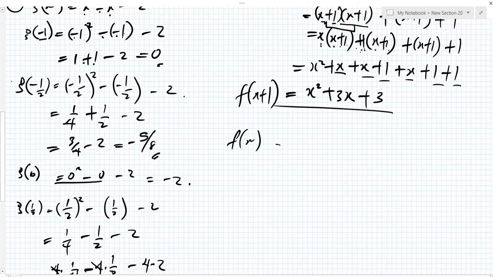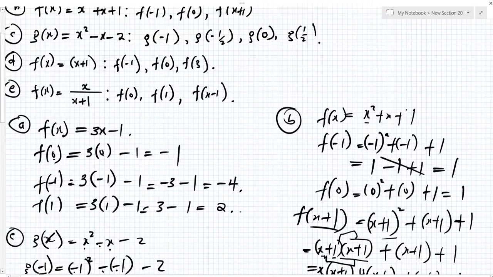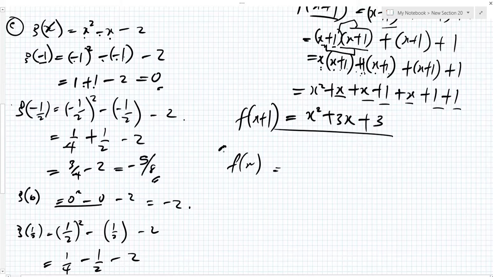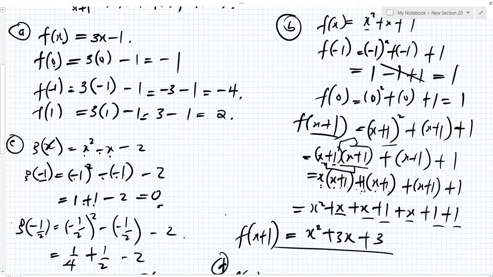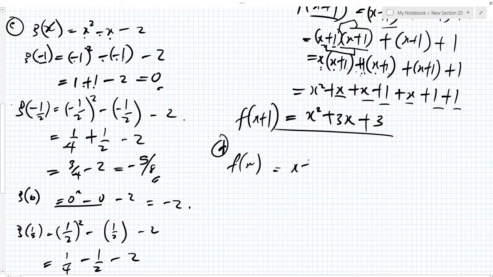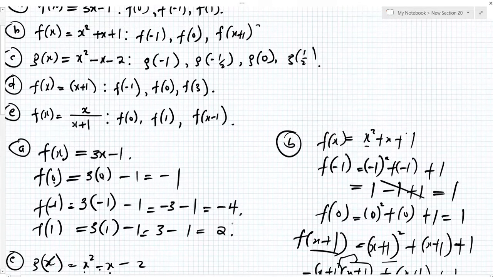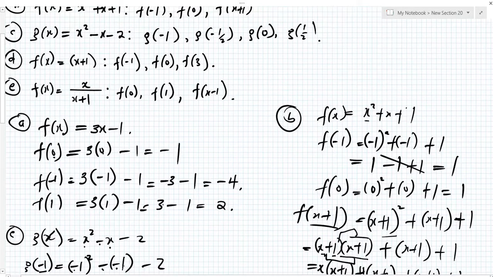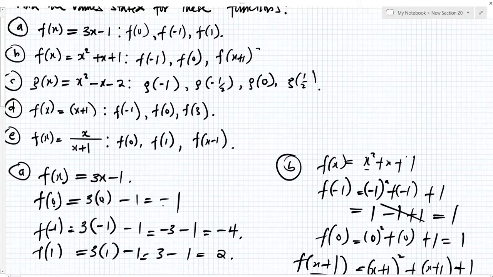The next question is D. F of x is equal to x plus 1, all squared. So find f of minus 1.